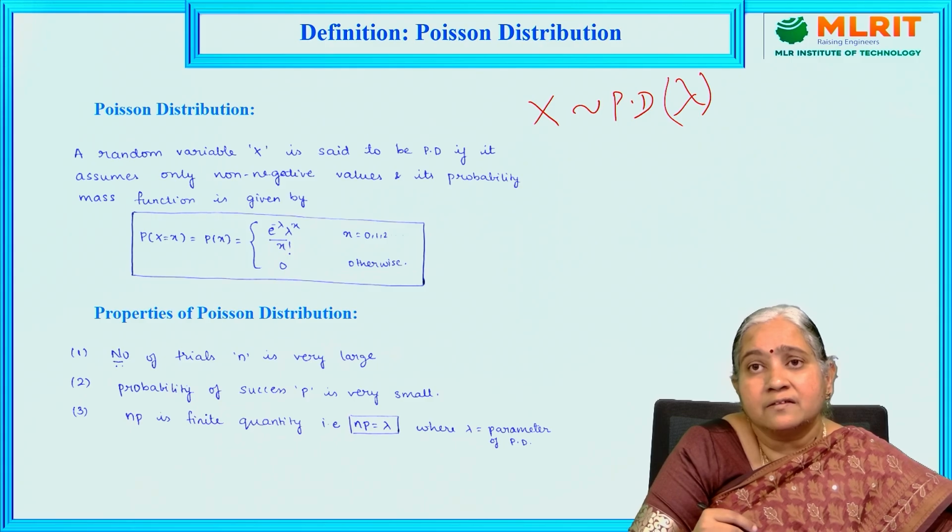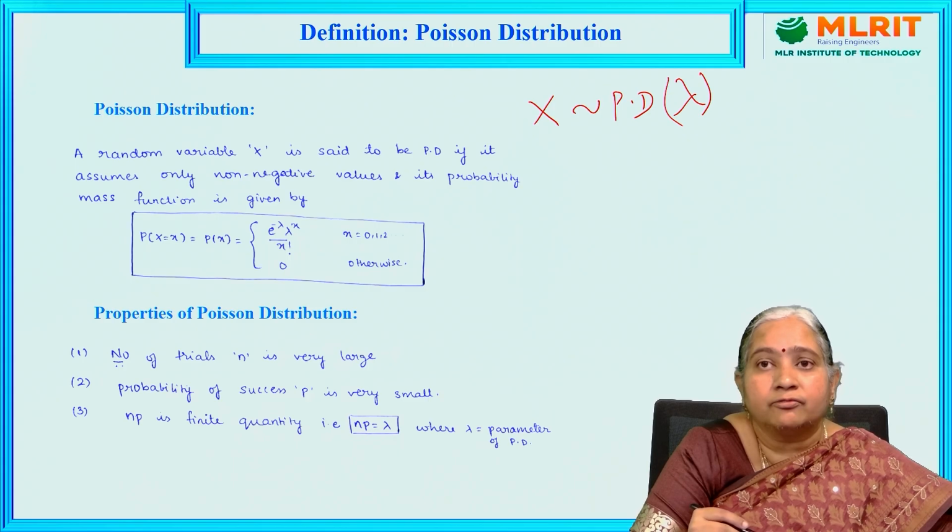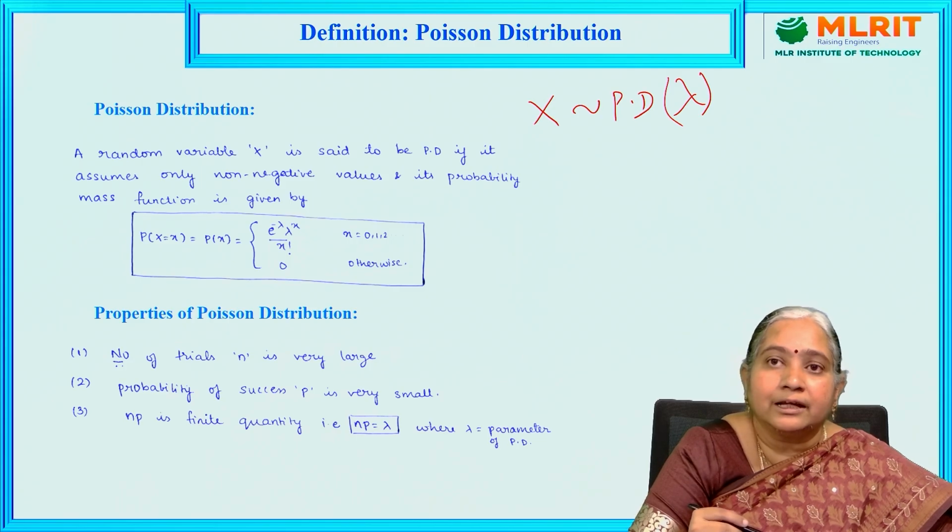The difference between binomial and Poisson distribution is that in binomial distribution, n, the number of trials or number of times the random experiment is performed, is a finite value. In Poisson distribution, n is an infinite value or large value. Then we apply Poisson distribution.